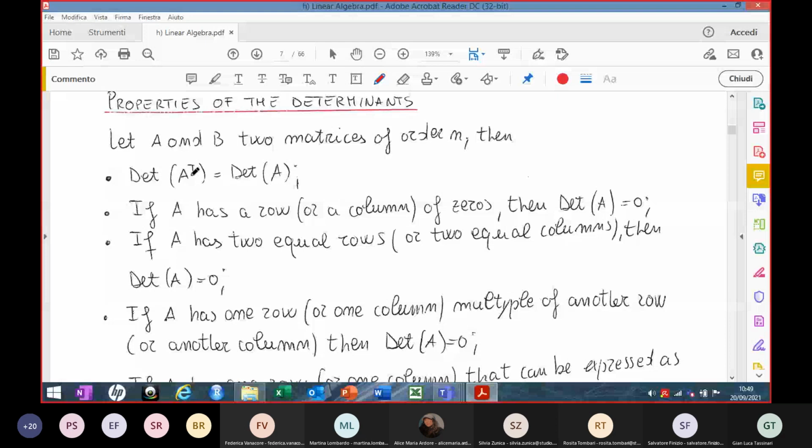The proof of the second property is very intuitive. Suppose you develop the determinant of A along the row containing all the zeros.